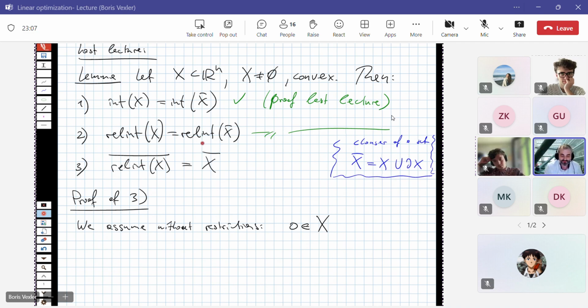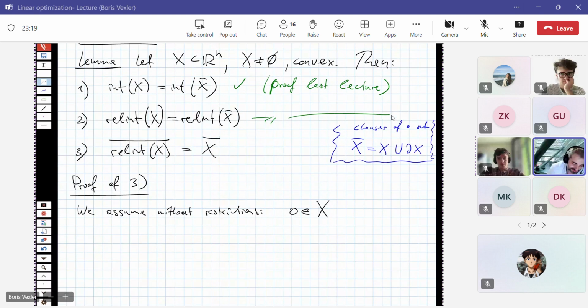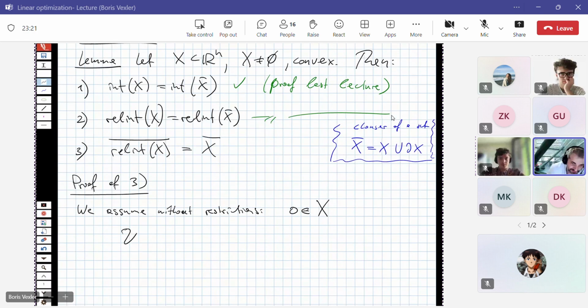If it was true before we moved it, it will be also true after that and the other way around. Therefore, we can, without restriction, assume that 0 is in X. And why does it help? It helps since now the affine hull of capital X is in this case the same as the span of capital X.